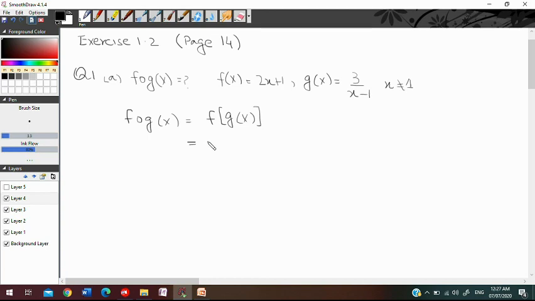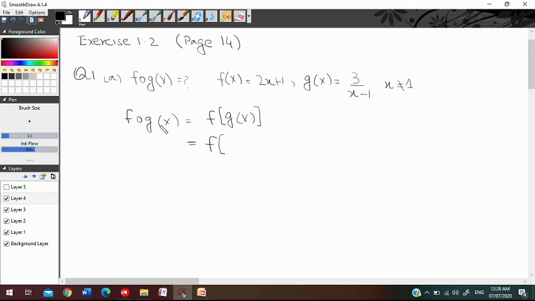Whenever we solve a composition function, the function written outside the brackets remains the same first. First, we will solve the function which is inside the brackets, or which comes second in this composition.